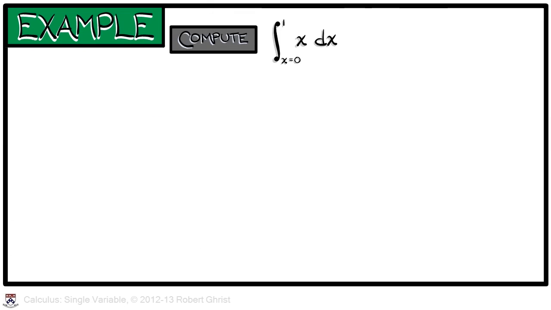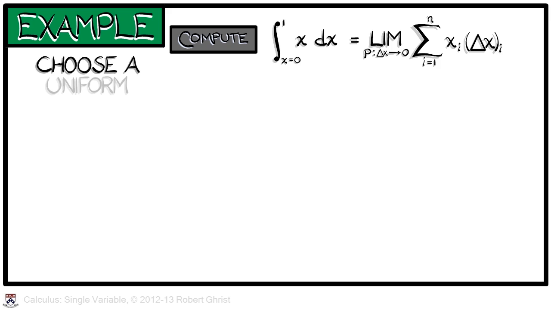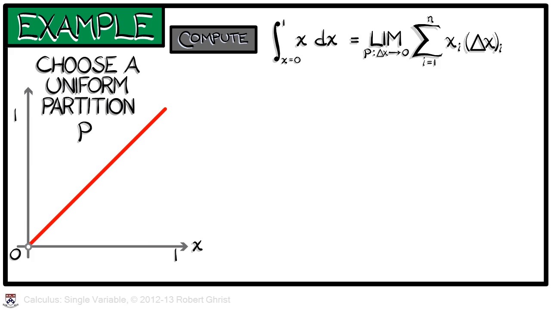Let's do an example. Compute the definite integral of x dx as x goes from 0 to 1. From our definition, this is a limit of Riemann sums over partitions as the partition elements go to 0 in width. Now, since f of x is equal to x, that Riemann sum is just the sum of x sub I times the width delta x sub I. Let's choose a particularly nice partition, one which is uniform.